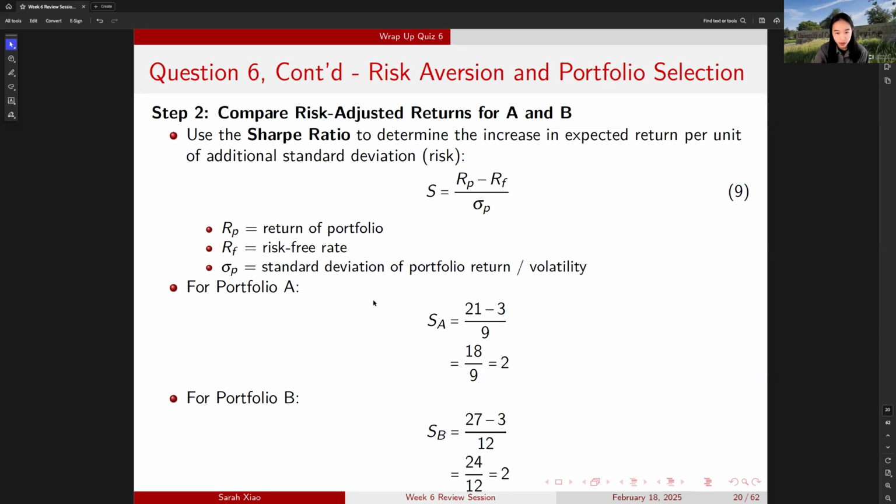Since we are given the return on each portfolio and also the risk-free rate, we can just plug in those numbers to get portfolio A's Sharpe ratio to be 2, and portfolio B's Sharpe ratio is 2 as well.